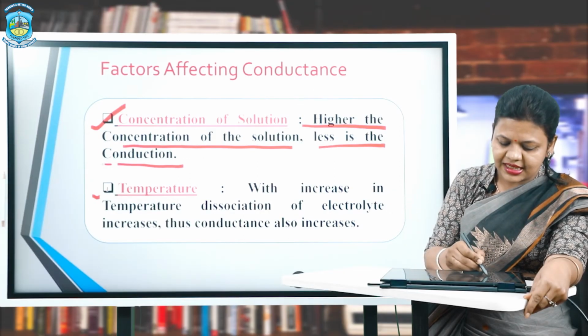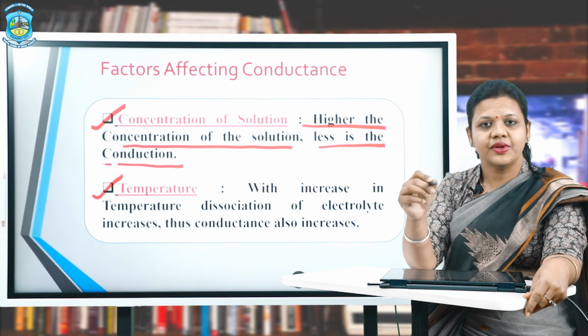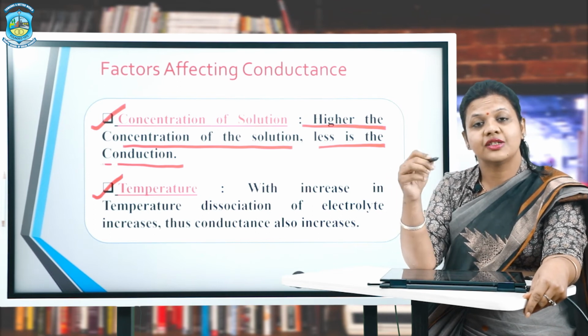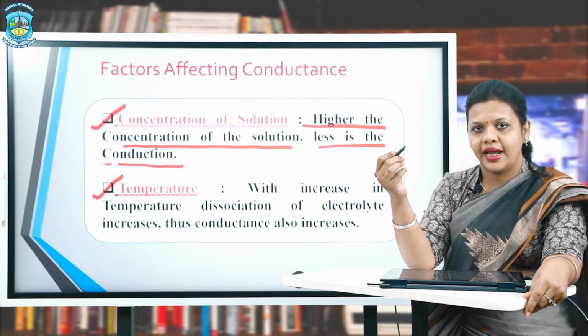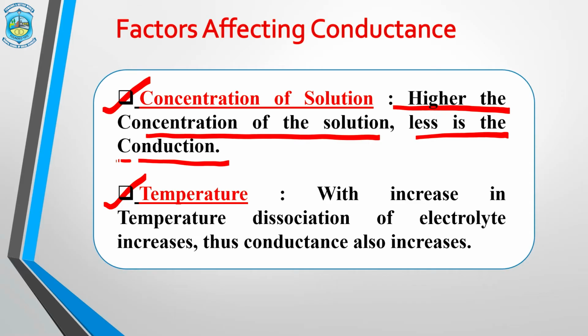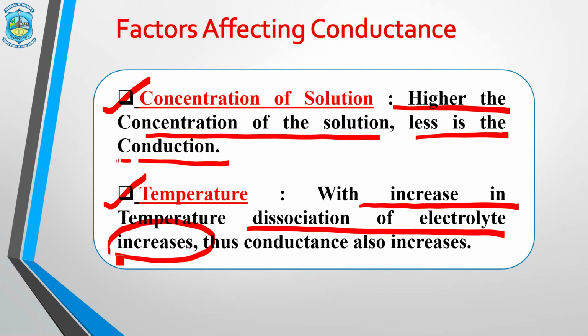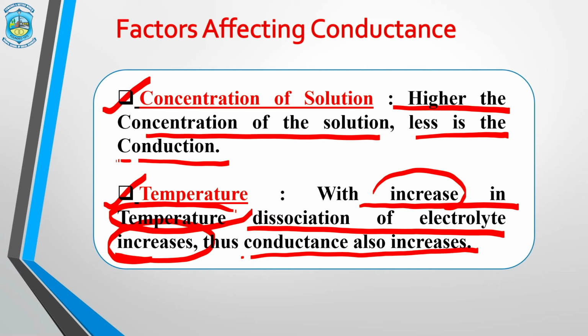Next factor is temperature. As we know, temperature is a source of energy for any molecule, so with increase in temperature, the dissociation of electrolytes will increase, and thus the conductance will also increase in the solution.